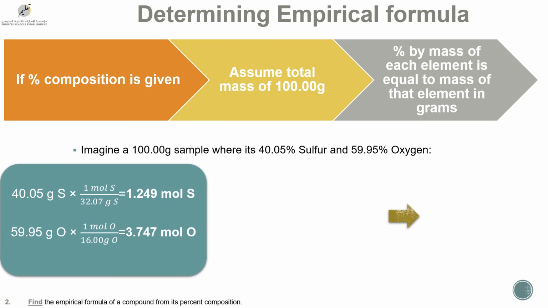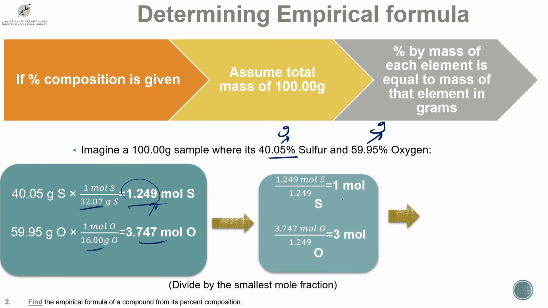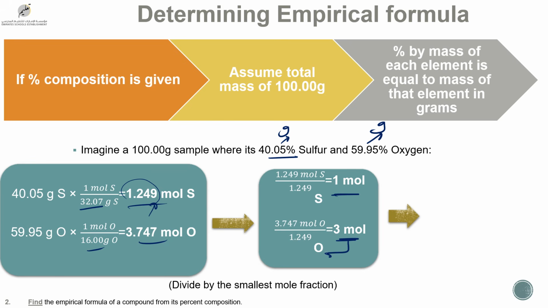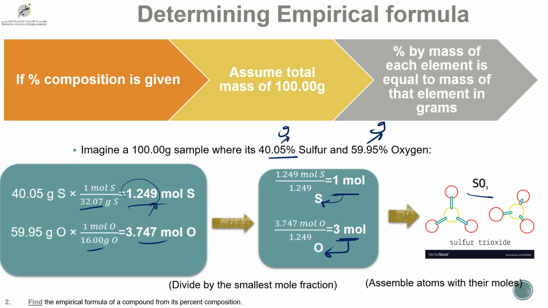We find these percentages, we convert them to grams right away, and then you divide by the molar masses, you find the moles, then you divide by the smallest mole value. Okay, you get 1 and 3, this one for oxygen and this one for S. Then you write your formula. Okay, this is the empirical formula.